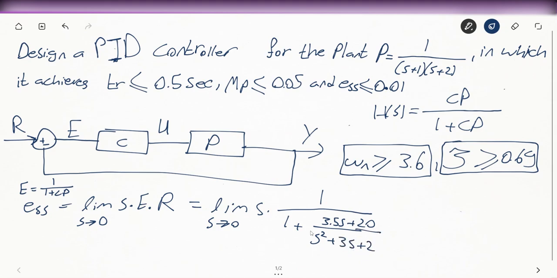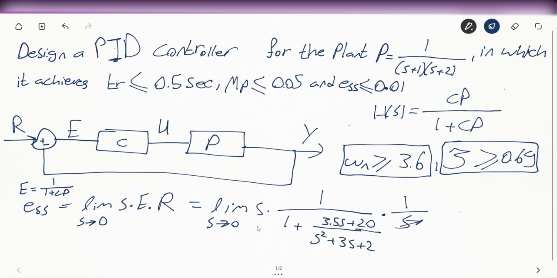So this is the open loop transfer function. And the reference that we are providing to our system is a typical step function of magnitude 1, so its Laplace transform is simply 1 over S.